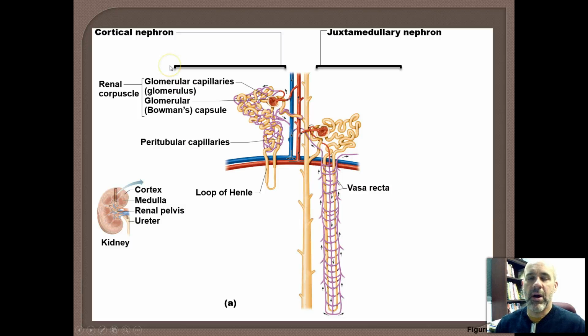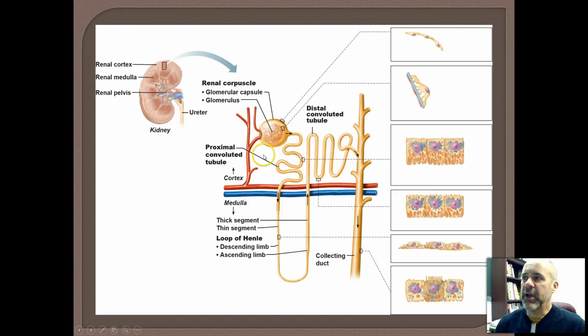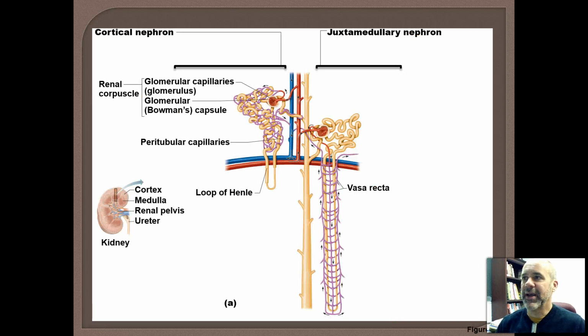And here's not all of your nephrons in the kidney. Most of them look like this. Over here, you're seeing a nephron in 2D, like it's been ironed and flattened out so that you can see all the different structures. In reality, they're all wadded up like this, and they kind of look like a jumble of spaghetti.